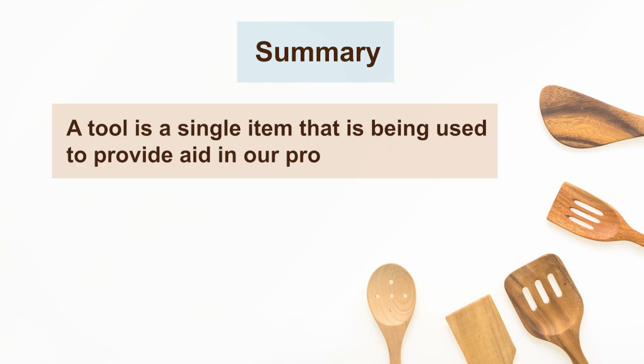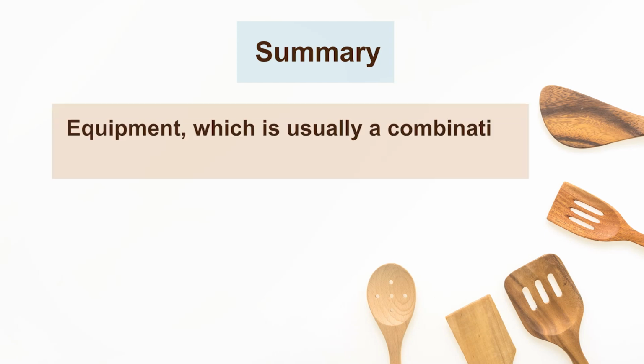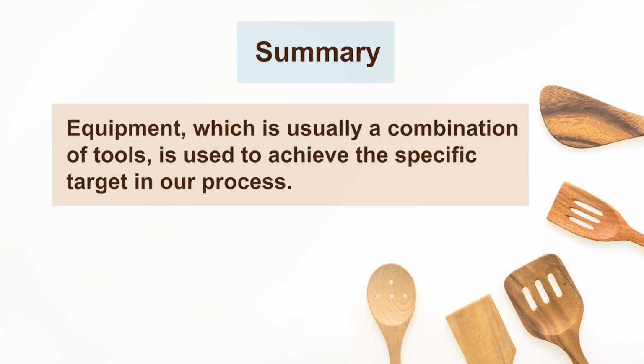Students, now let us summarize what we have learned in today's lecture. A tool is a single item that is being used to provide aid in our process. Equipment, which is usually a combination of tools, is used to achieve the specific target in our process.